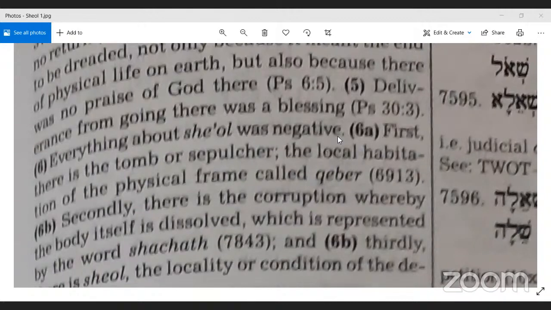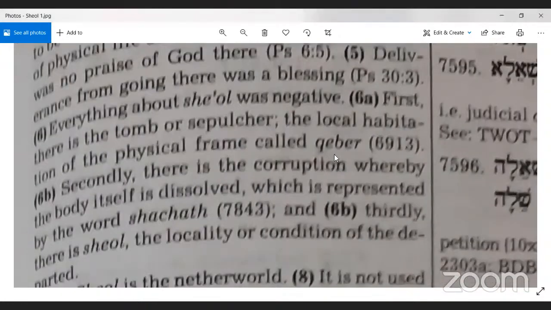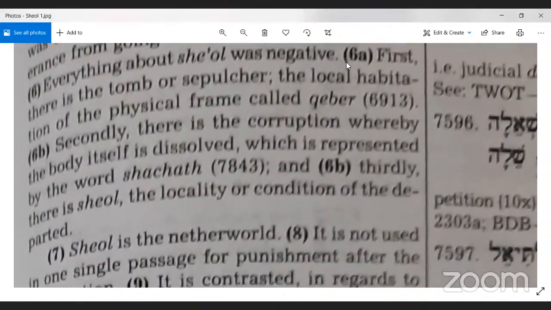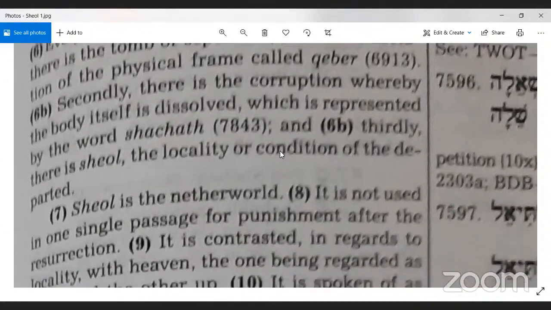So do we agree, do you individually agree with this? No, I don't agree with either. All right, let's go to 6. 6a. First, there's the tomb or sepulcher, the local habitation of the physical frame called Kuber. That's modern Hebrew, you don't have to worry about it. Is that Strong's number 6913?